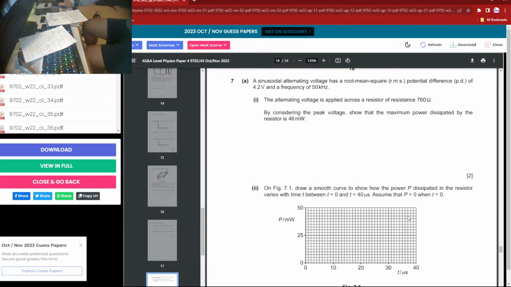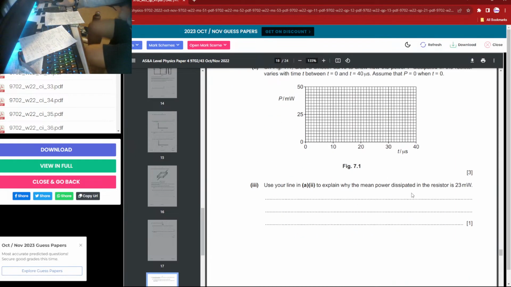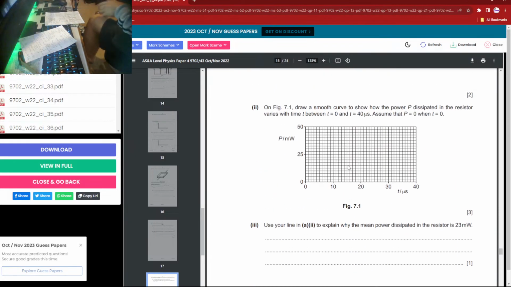Since the frequency is 50 kilohertz, the period will be equal to 1 over 50k, which is 2 times 10 to the power of negative 5, which is also 20 microseconds.